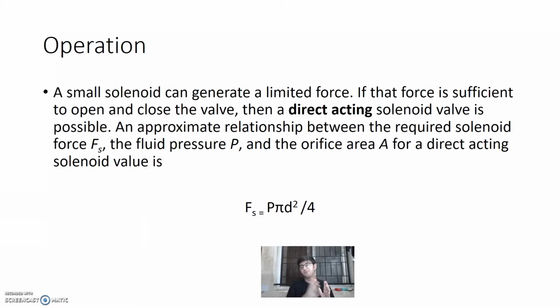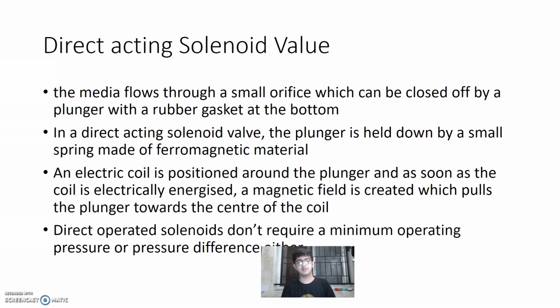Like we know force equals pressure into area. If you increase the area of the orifice, the force which you require to open the valve is going to be larger. So our solenoid force is proportional to the pressure of the fluid and the diameter of the orifice, because normally we are dealing with a circular orifice, so it is written pi d square by 4. So this is what the operation of a solenoid valve is.